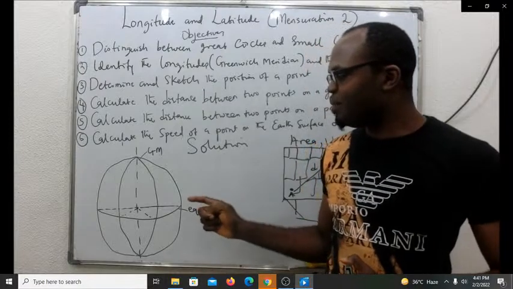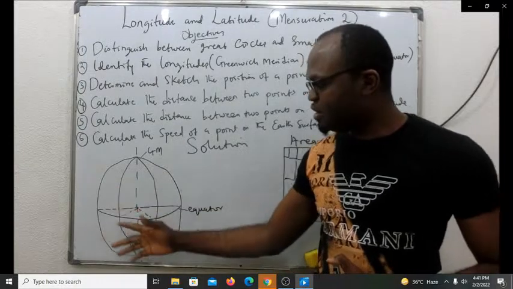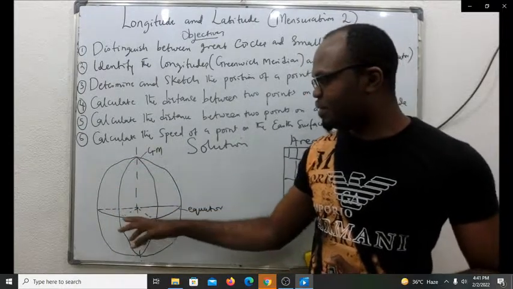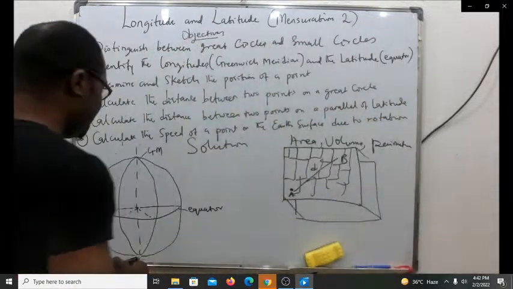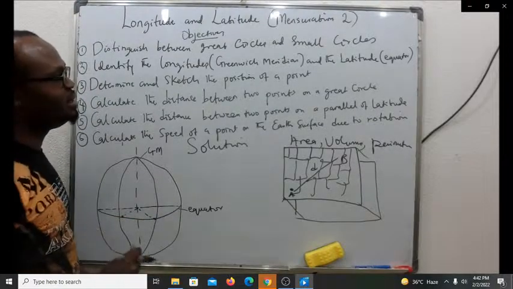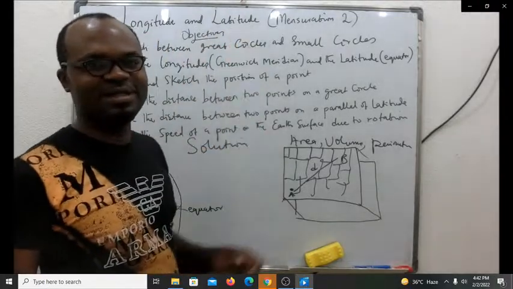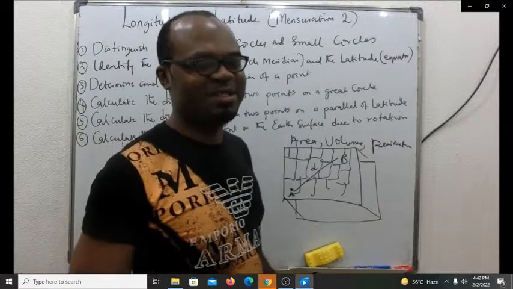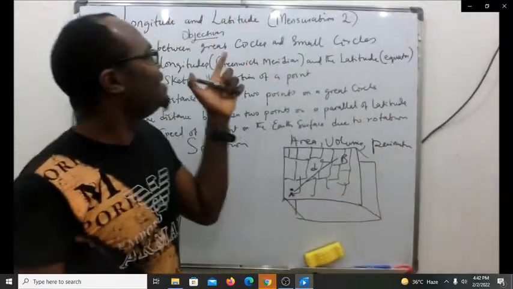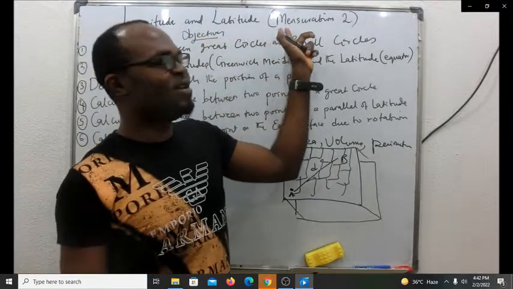So when you're talking about calculations on the Earth surface, noting the distances between points on the Earth surface, you use longitude and latitude. I hope you get the relationship. And that is why studying longitude and latitude is also classified under Measuration.